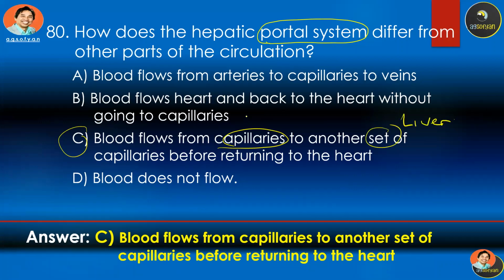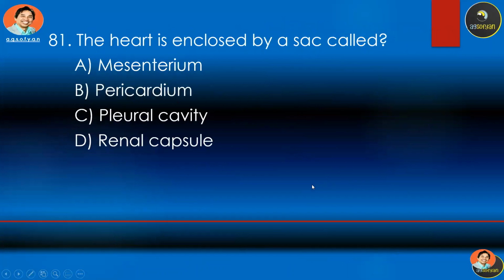The first set will be GI tract organs like stomach, intestine, pancreas. All of them will go to the liver first, and then from the liver it will return to the heart through the inferior vena cava.